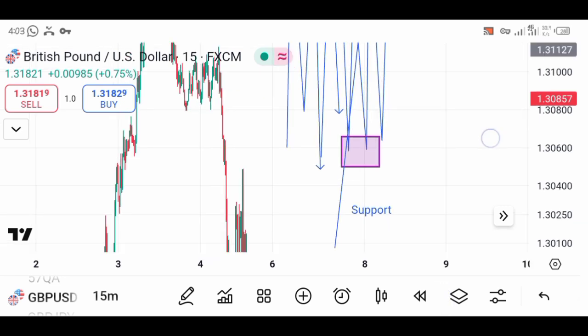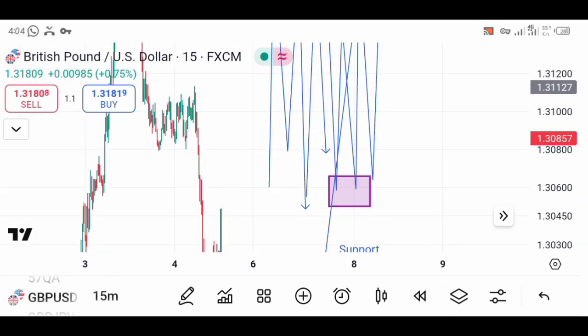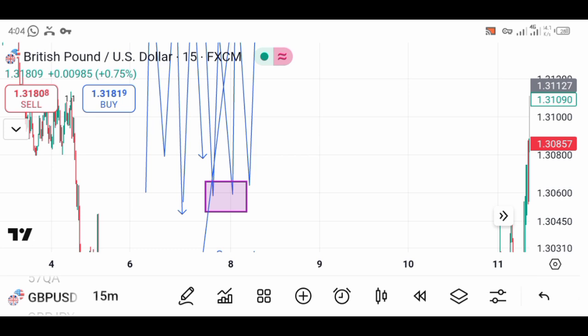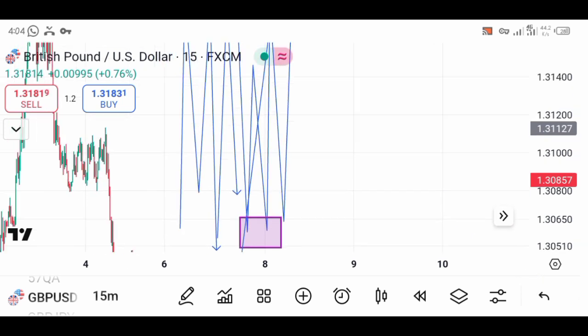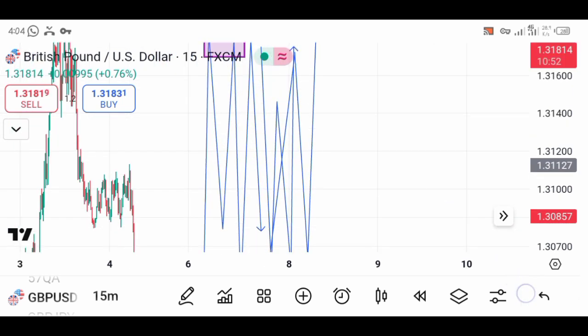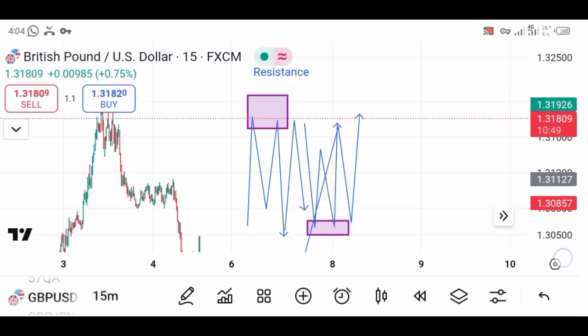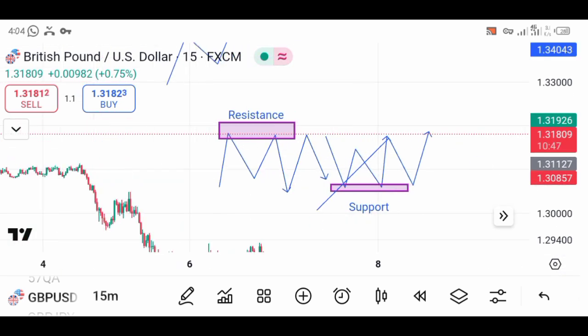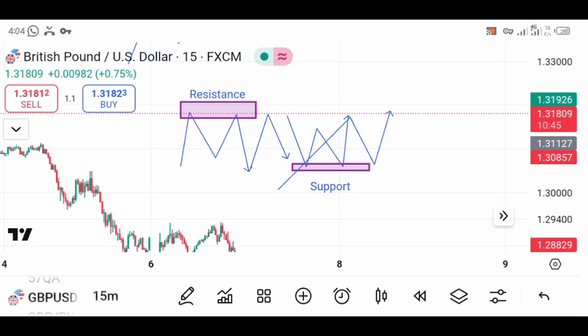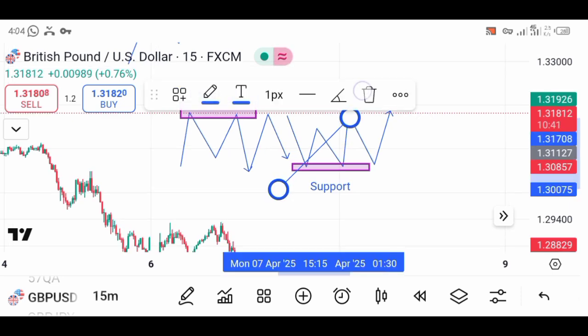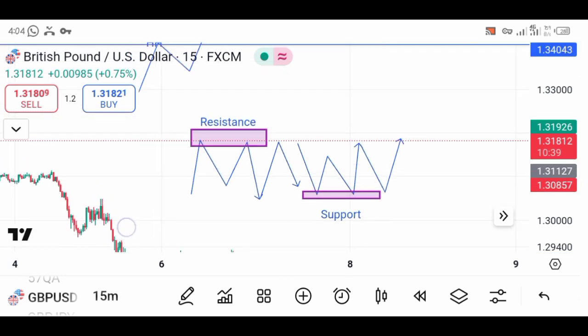Is that not exactly what I explained for you? Exactly what I explained for you. So what I want you to do for me now is to be practicing this on your MetaTrader 5. I'll show you how to enter trades later on.